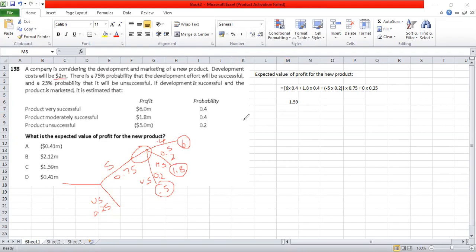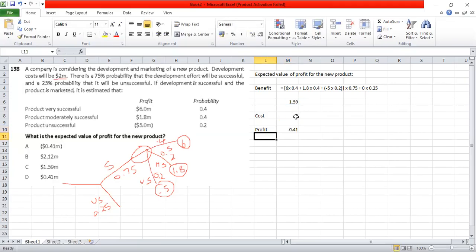So overall, the profit is equal to this benefit, and we have a cost of 2 million. So the overall profit will be the benefit of 1.59 minus the cost of 2.